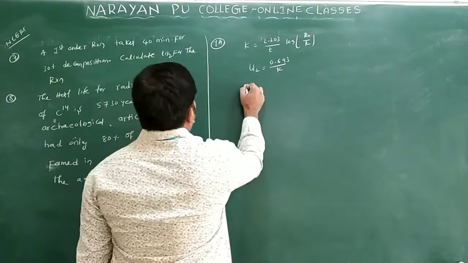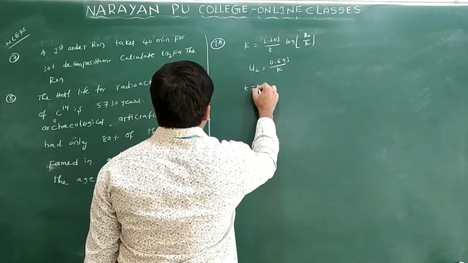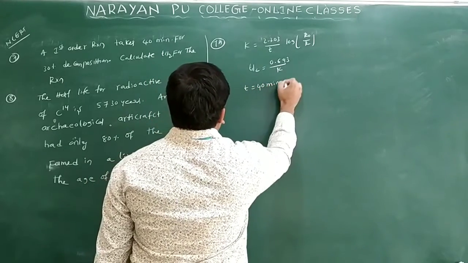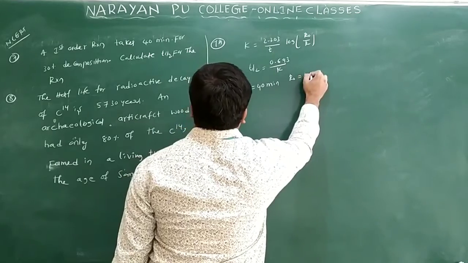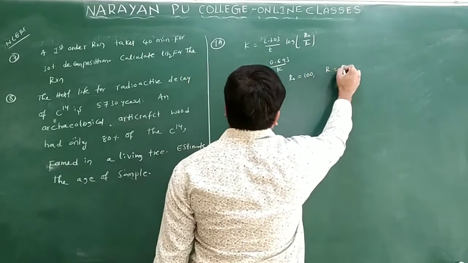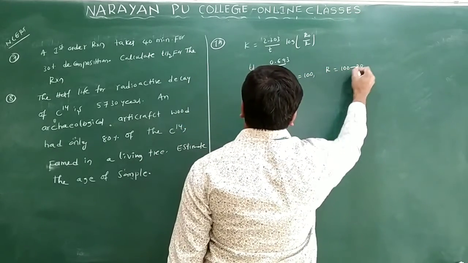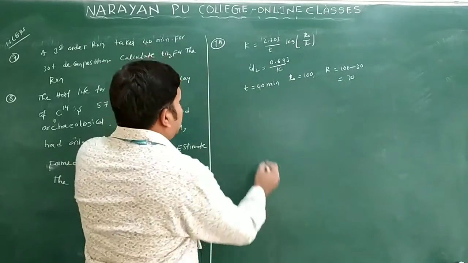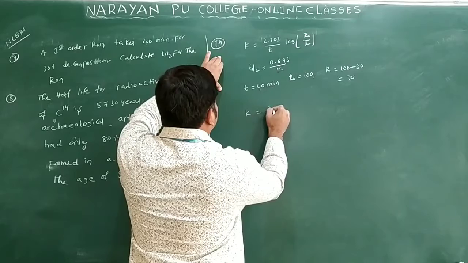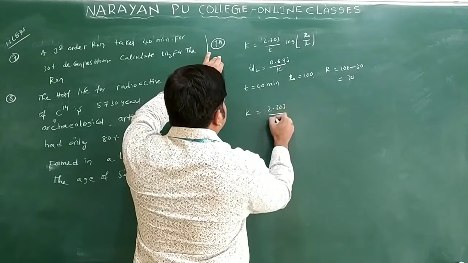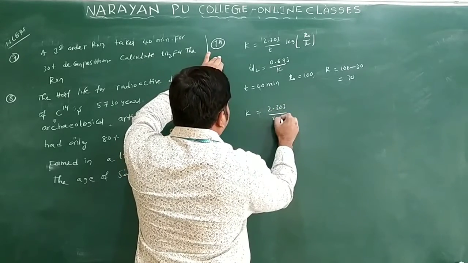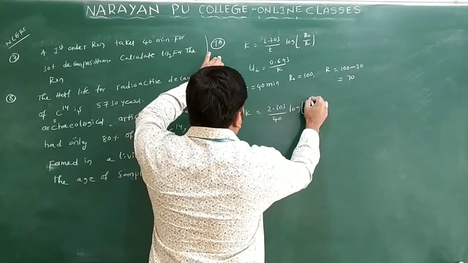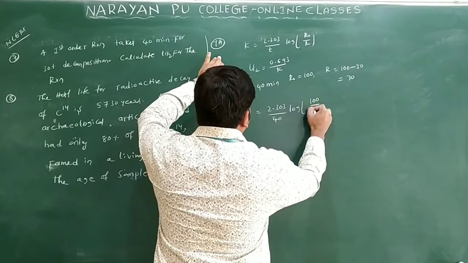So I will write here t is equal to the time given, which is 40 minutes, and R naught is equal to 100. R is how much decomposed? 30% decomposed, so I will get 70. Now we can substitute the values here. So K is equal to 2.303 by 40 into log 100 by 70.